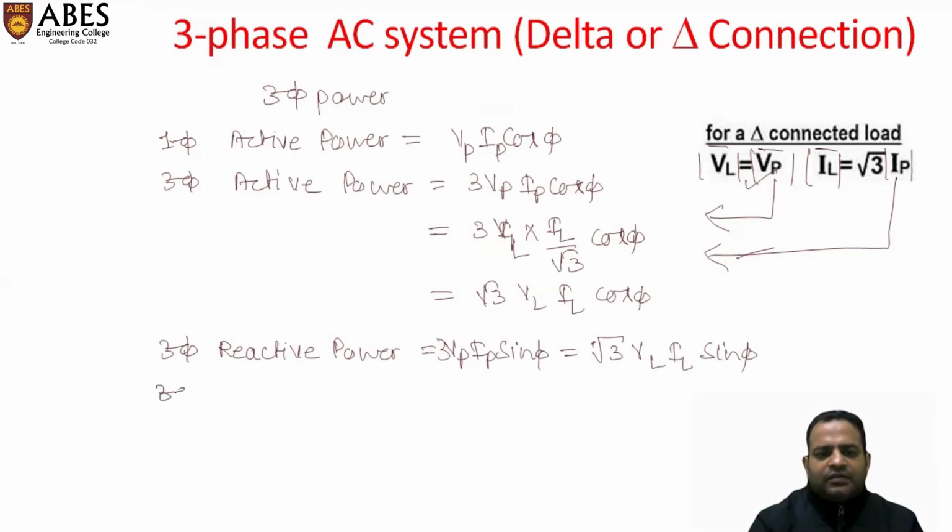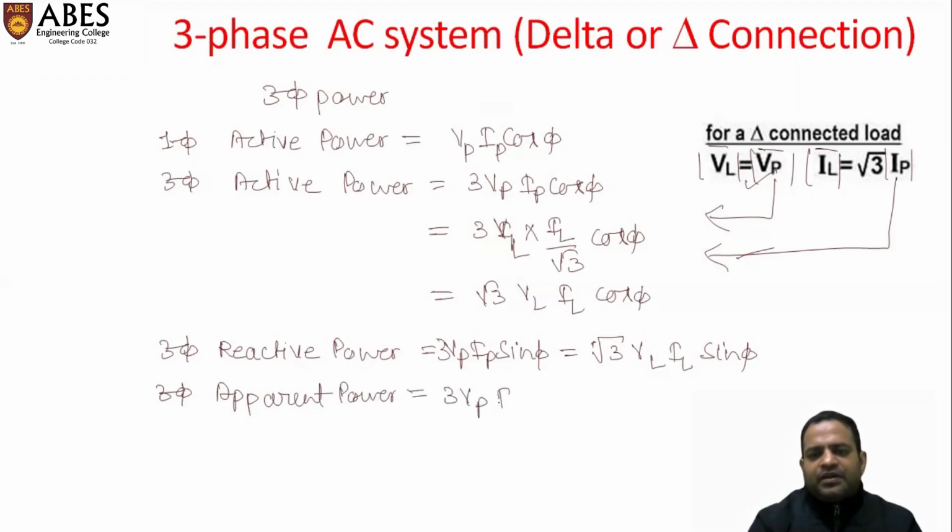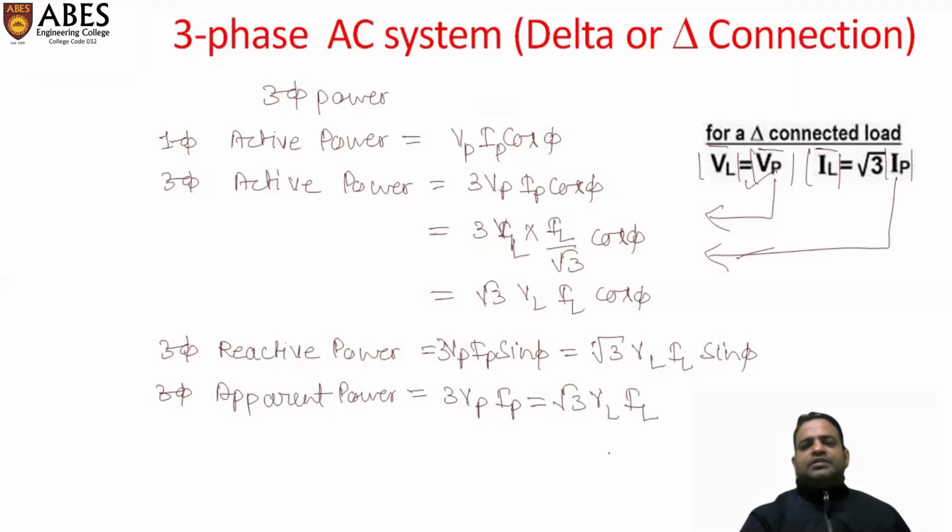Similarly, our three-phase apparent power is thrice of Vp Ip in terms of phase quantities, otherwise root 3 times VL IL in line quantities.